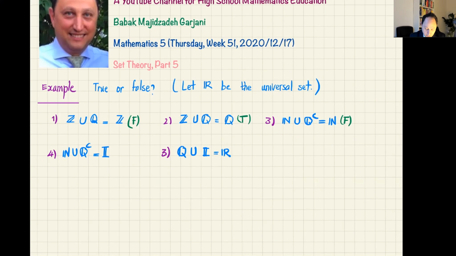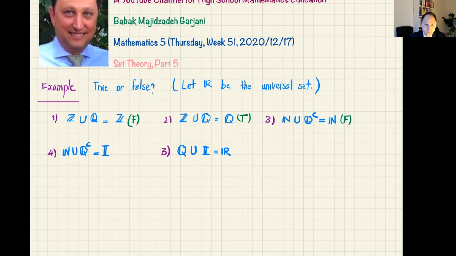What about the other one? It is also false, exactly. Why? Can you give an example here? 1 is a natural number, but it's not an irrational number. Yeah, exactly. So 1 belongs to this part.